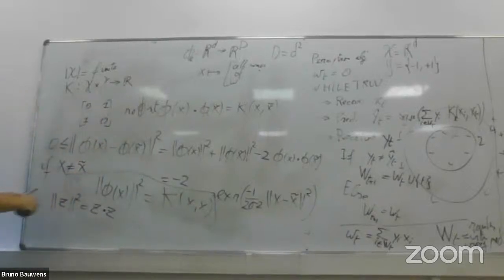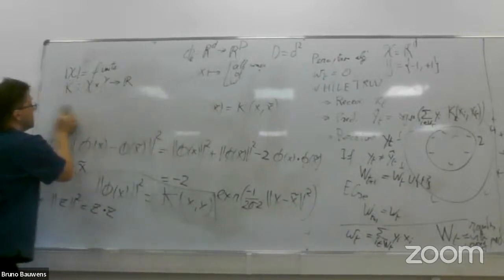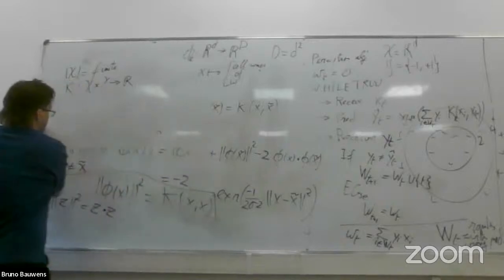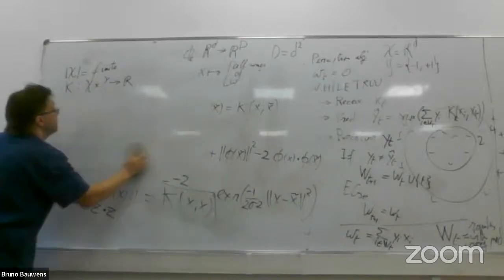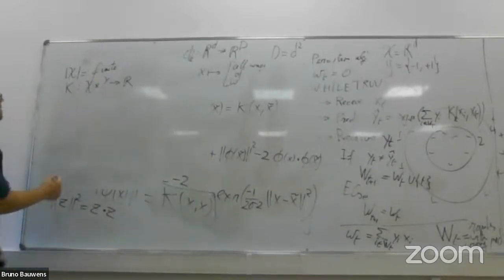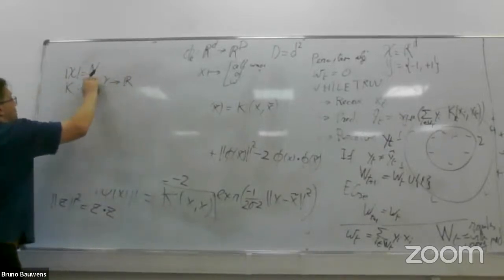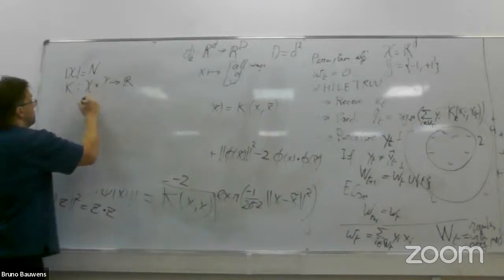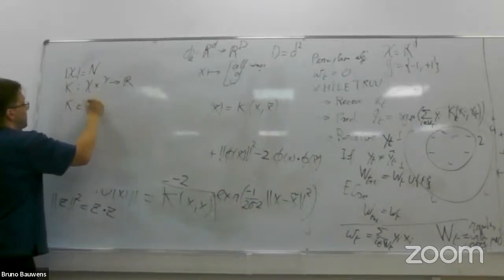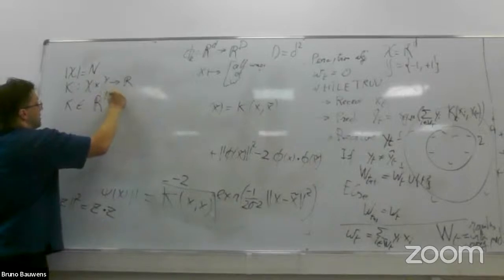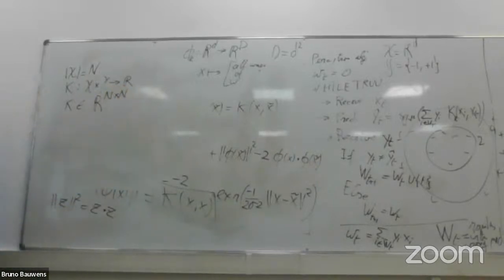Then we can associate this function to a matrix. Let's say the size of X is n, and then K is an n by n matrix.